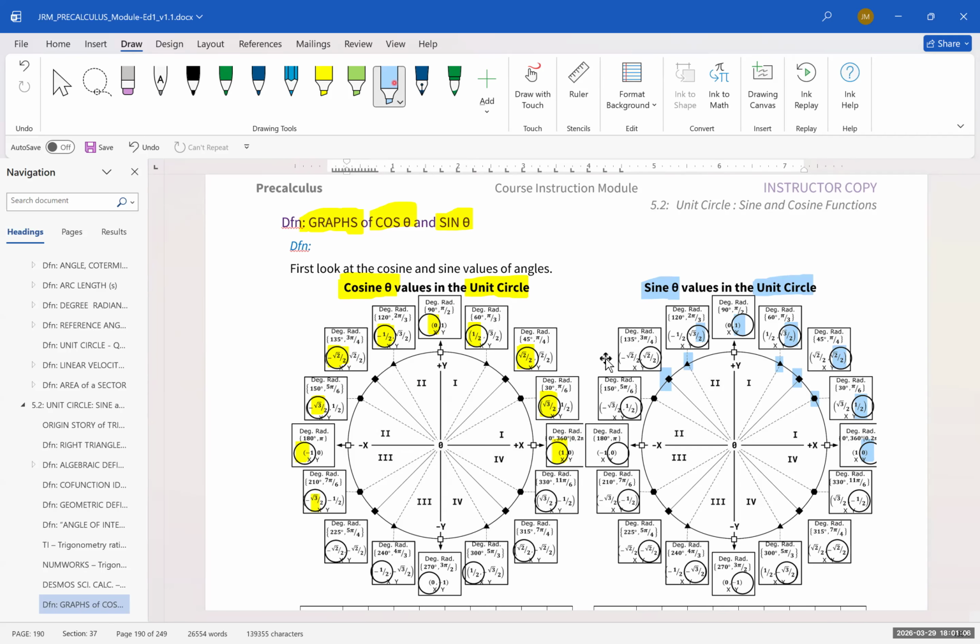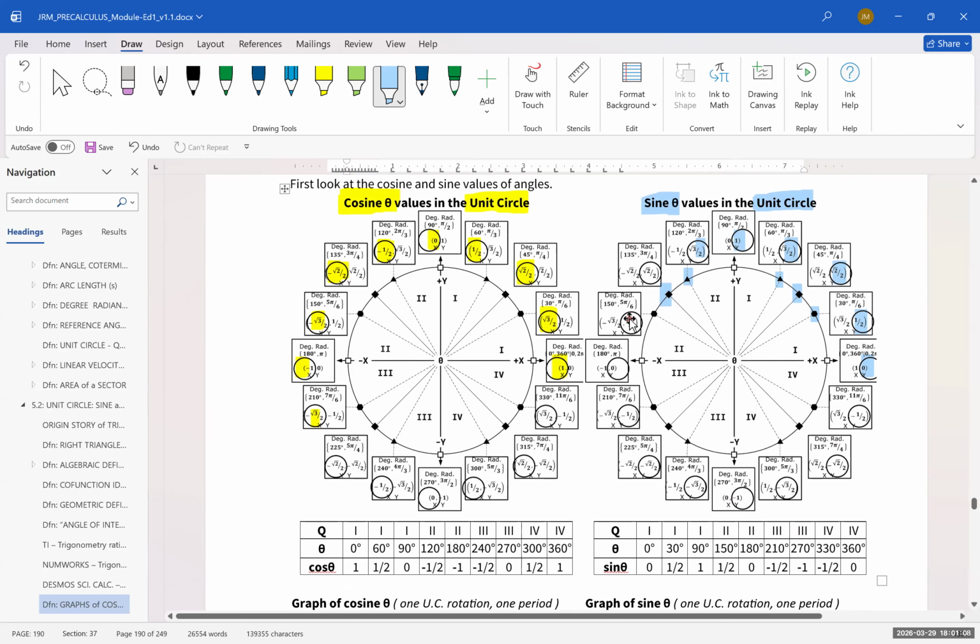So to make things simple, what I've done is I've taken a few of the angles where things are going to graph nicely, okay? And so if we look at cosine and we look at 0 degrees, which is going to be here, cosine of 0 degrees is 1. Let me erase all these here. There we go.